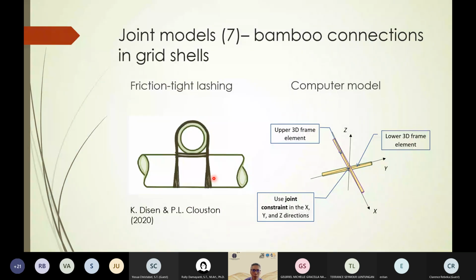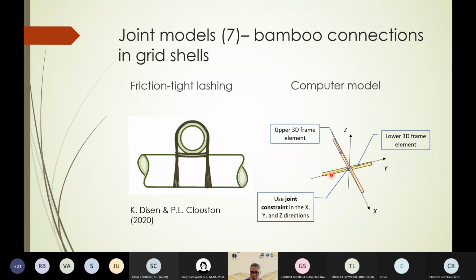The problem is, how about bamboo? Well, the typical traditional bamboo connection is just friction tight lacing like this, with some cord or rope that can be made from grass or others, maybe also from metal wire. This is difficult to model, more difficult because it is not in the category of these. I recommend to use it like this, with one direction like this and this direction.